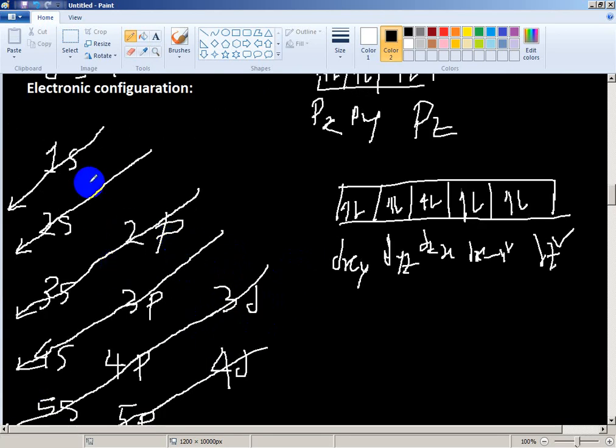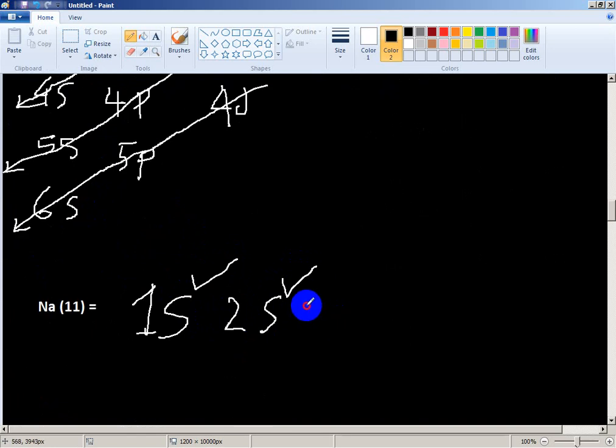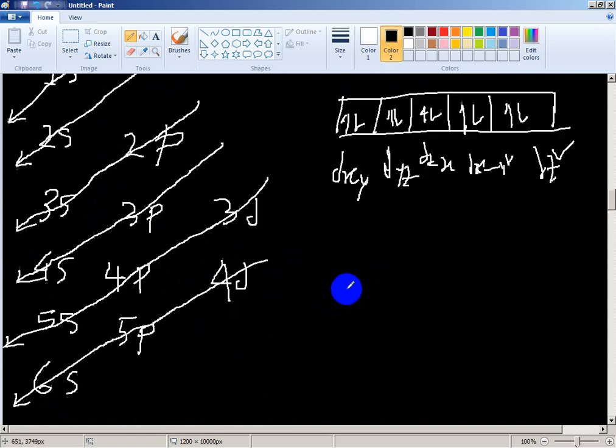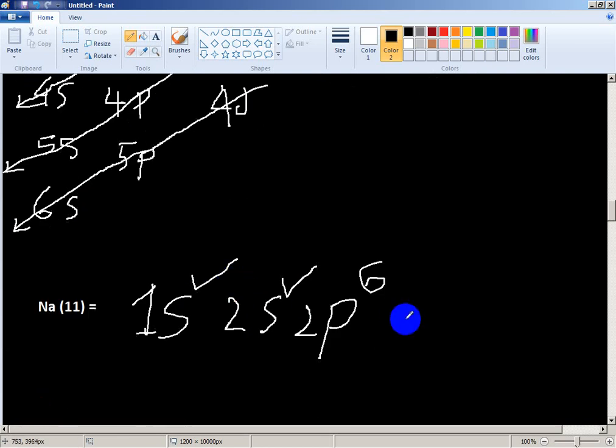Then 2p, 6. Then 3s. How many electrons in 3s? This is 2 and 2, 4 and 6, 10. Here will be 1. Okay, this is sodium.